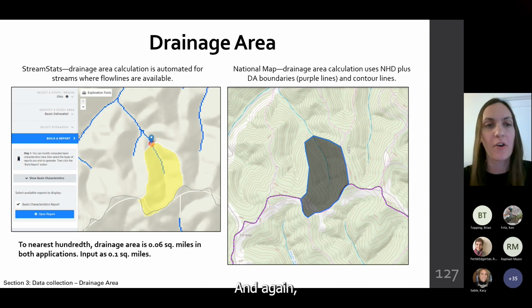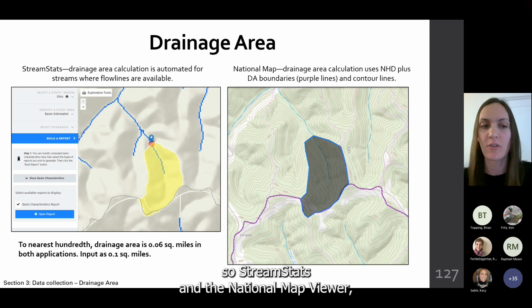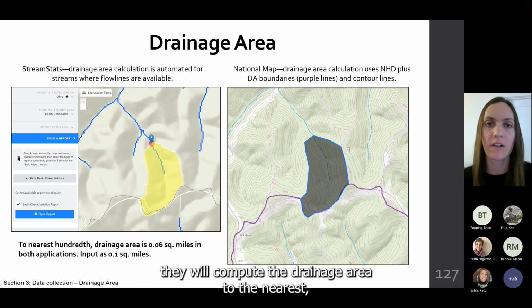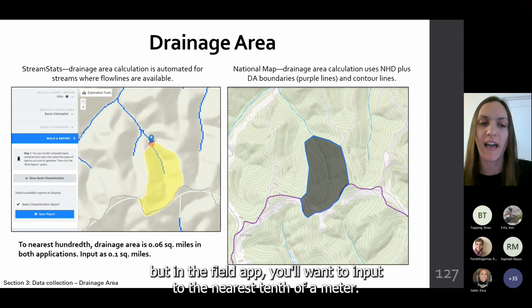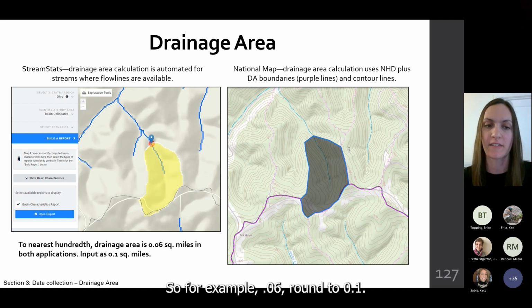And again, StreamStats and the National Map Viewer will compute the drainage area to the nearest hundredth, but in the field app, you'll want to input to the nearest tenth of a square mile. So for example, 0.06 rounds to 0.1.